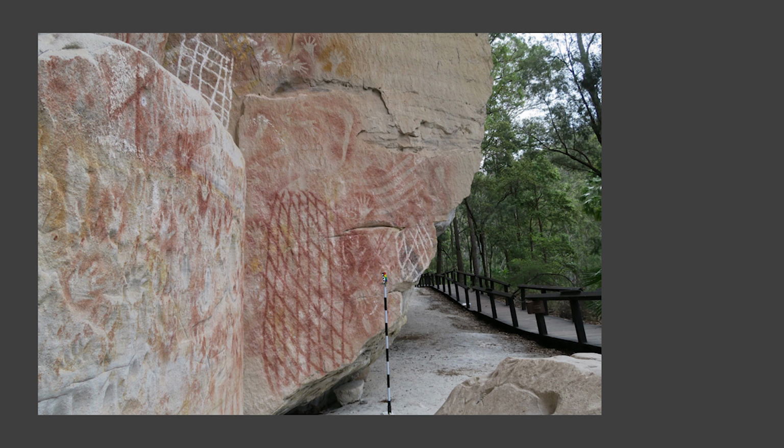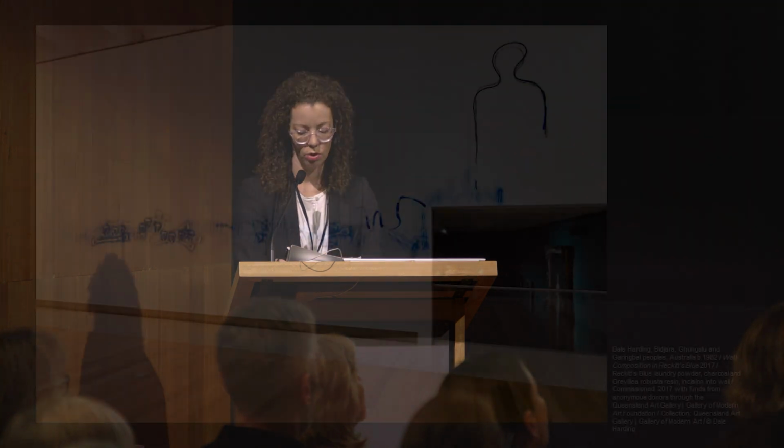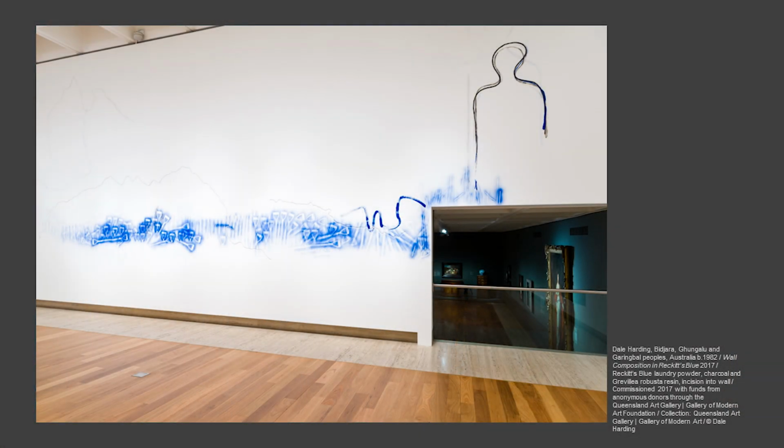But as you can see, these incredible stencils, and I hope that you can see some of the detail of these images. I've also included the classic surveyors and photographers' elements to give you a sense of scale within the scene. But Dale, of course, uses ultramarine blue pigment in place of these traditional rock ochres, in particular in this work. This blue is made of a powdered laundry detergent called Reckitt's blue, which was popular across the colonial frontier in the late 19th century.